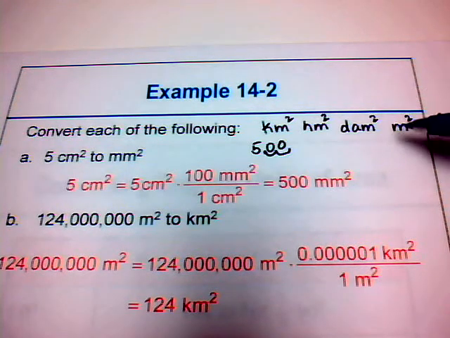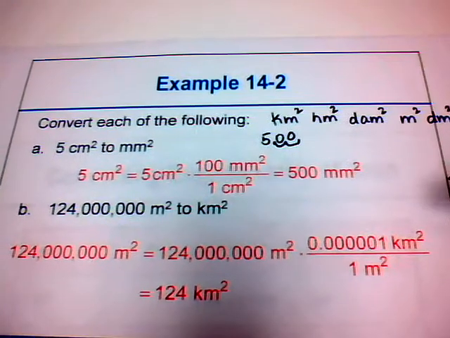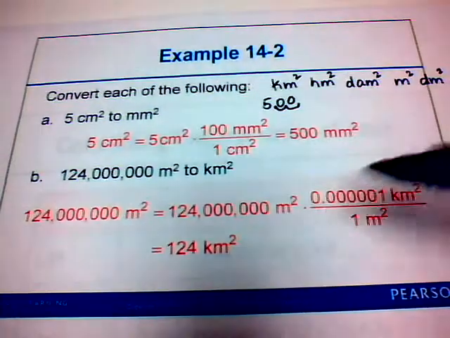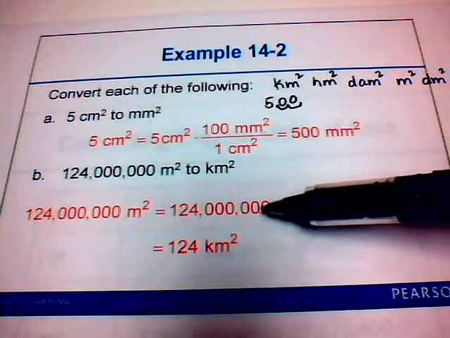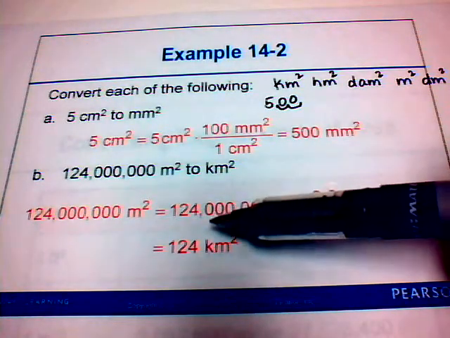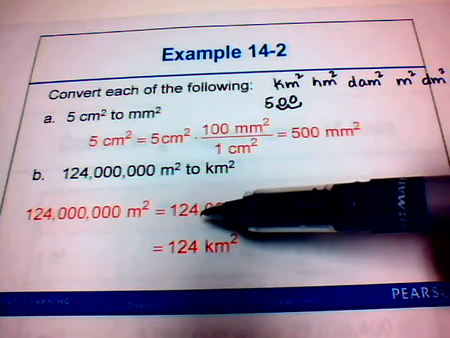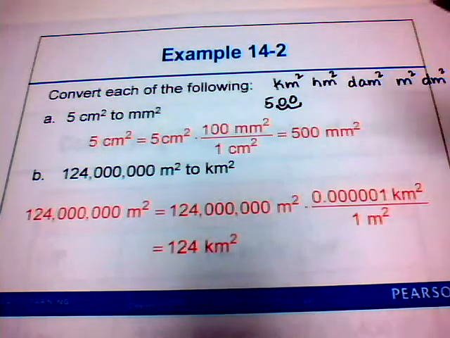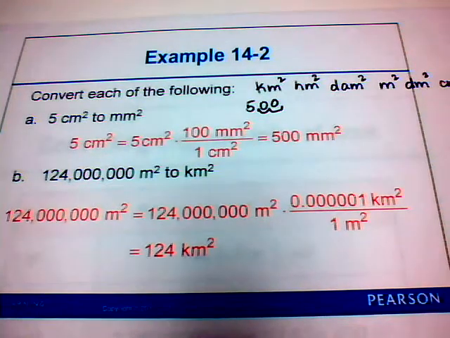So 2 times 3 units, 3 places to the left, would be 6 places to the left. So in the 124 million, we'll move this decimal point 1, 2, 3, 4, 5, 6 places to the left. So the decimal point will be behind the 4. So it'll be 124 square kilometers, which is the equivalent of 124 million square meters.